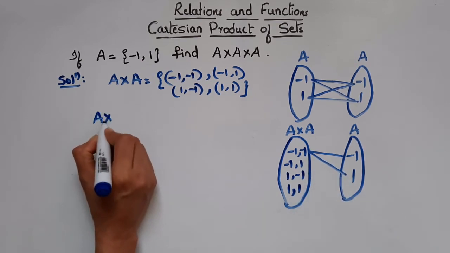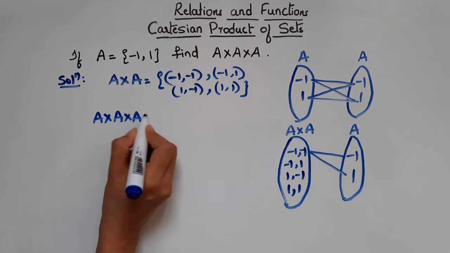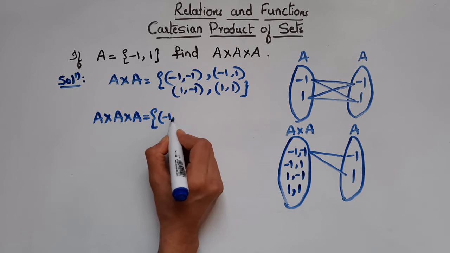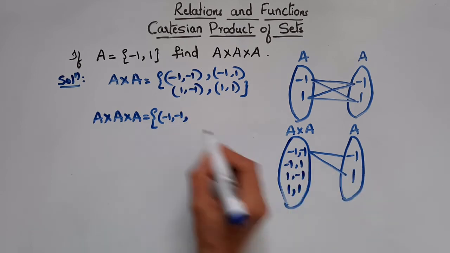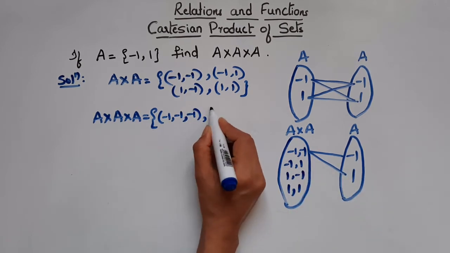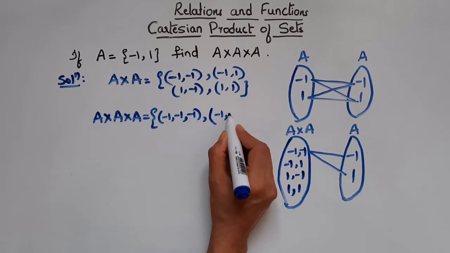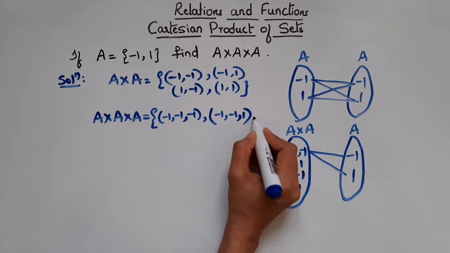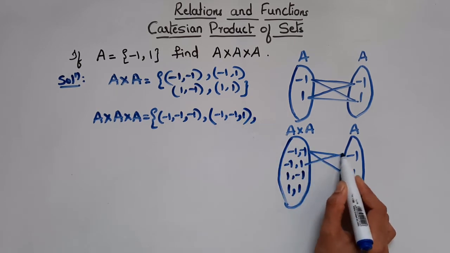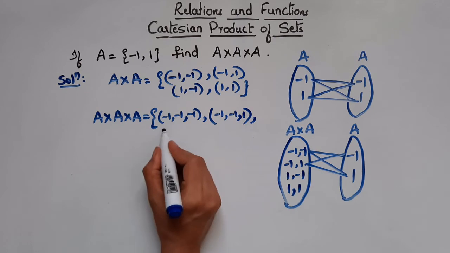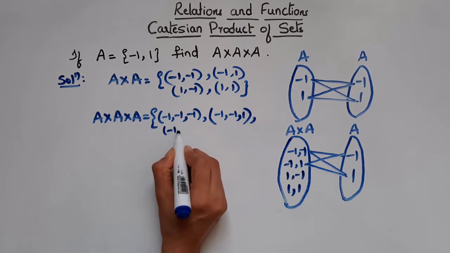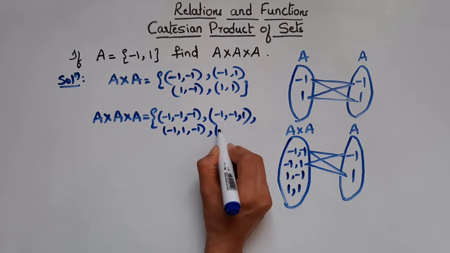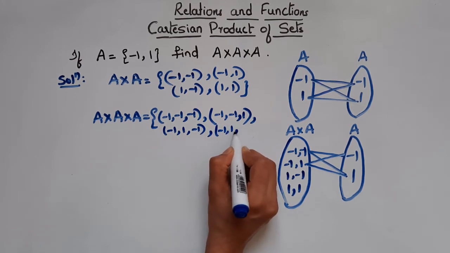So what is A cross A cross A? So that is minus 1, minus 1, minus 1. And we have minus 1, minus 1, 1, next we will pair this with this and this. So that is minus 1, 1, minus 1, and we have minus 1, 1, 1.